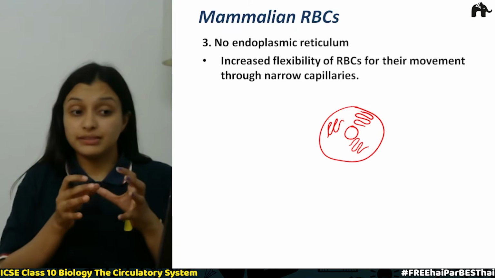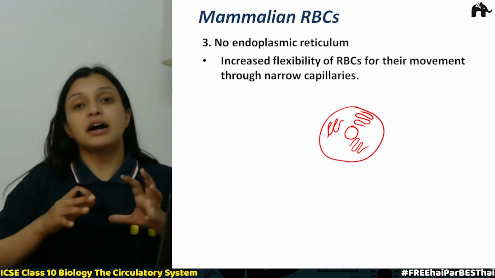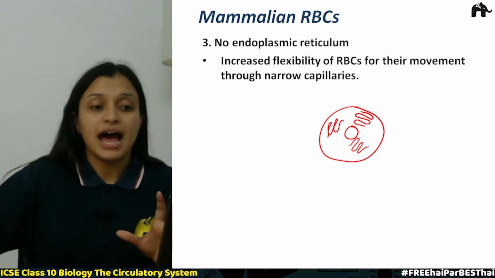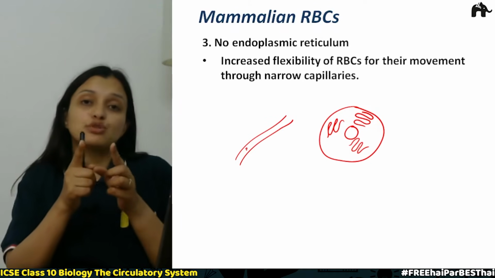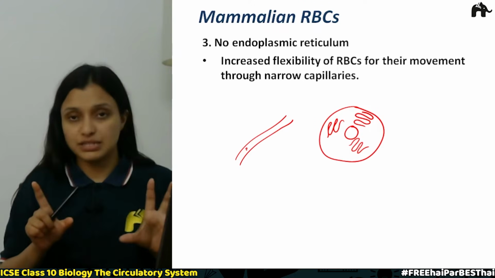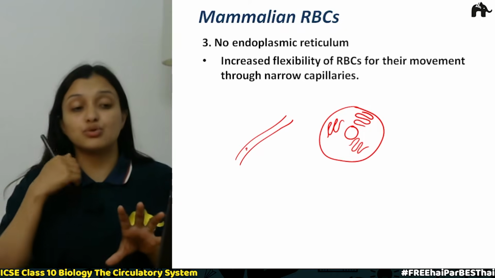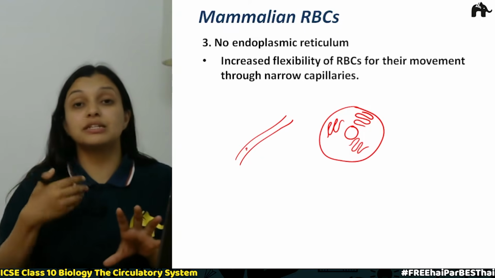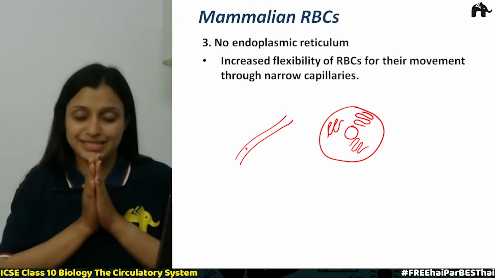When this endoplasmic reticulum is absent, it makes RBCs more flexible and they can pass through the narrow capillaries. Now the capillaries have a very narrow space, right? So to pass through it, they have to be very flexible. So when the endoplasmic reticulum is absent, it increases the flexibility of RBCs to pass through those narrow capillaries. Clear?